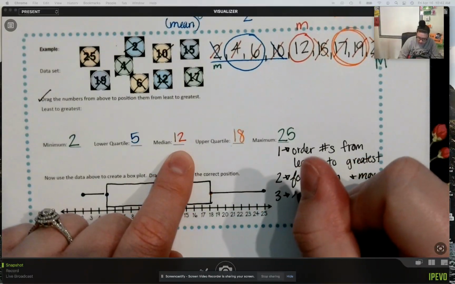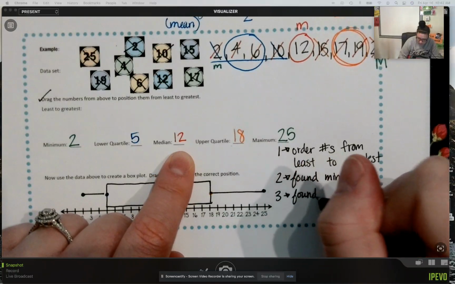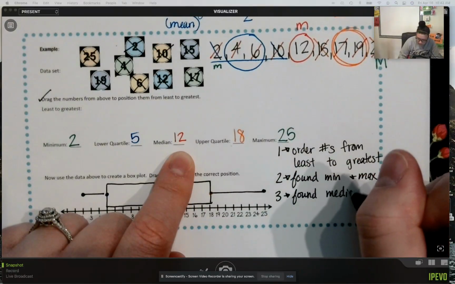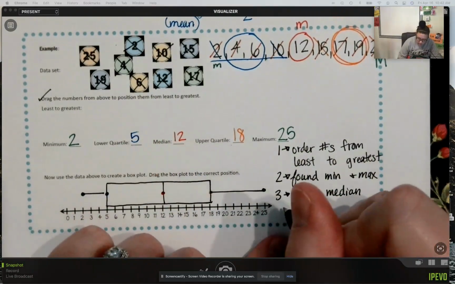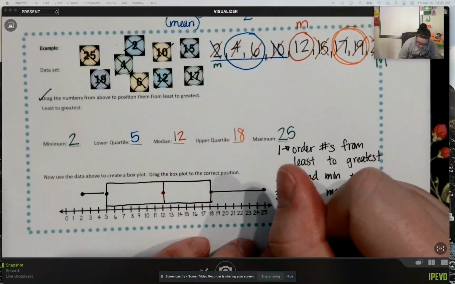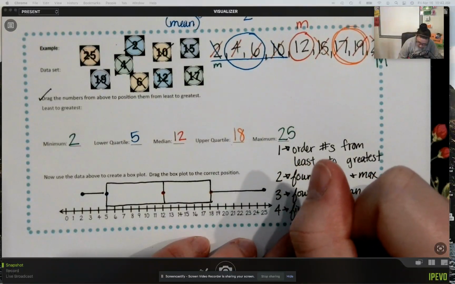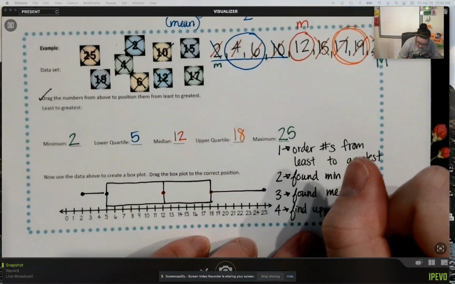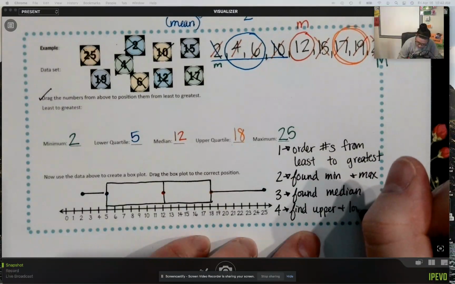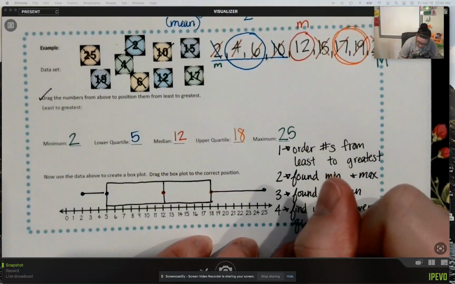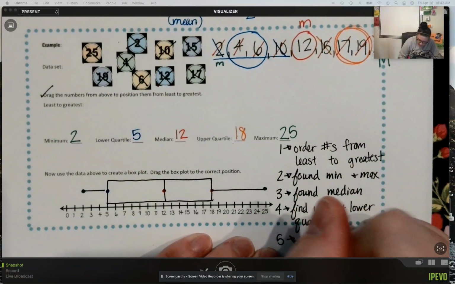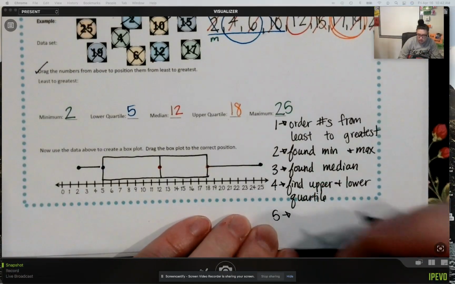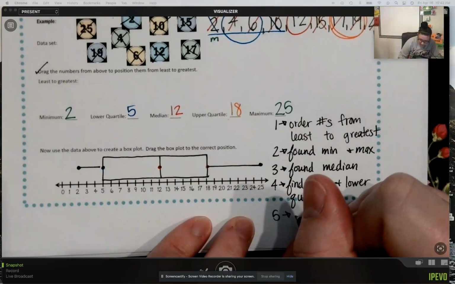Then we found our median. After the median, then we do our upper and our lower quartile. Then 5, we made the box plot on the number line.